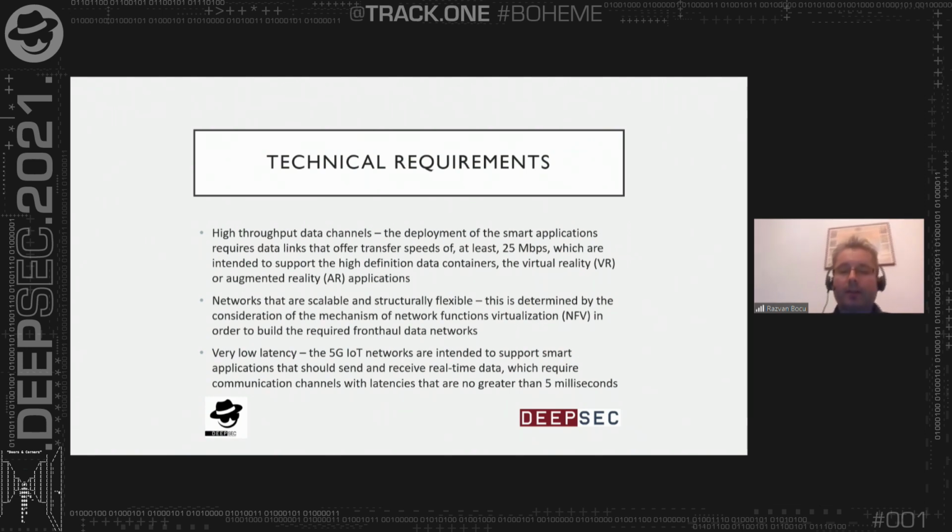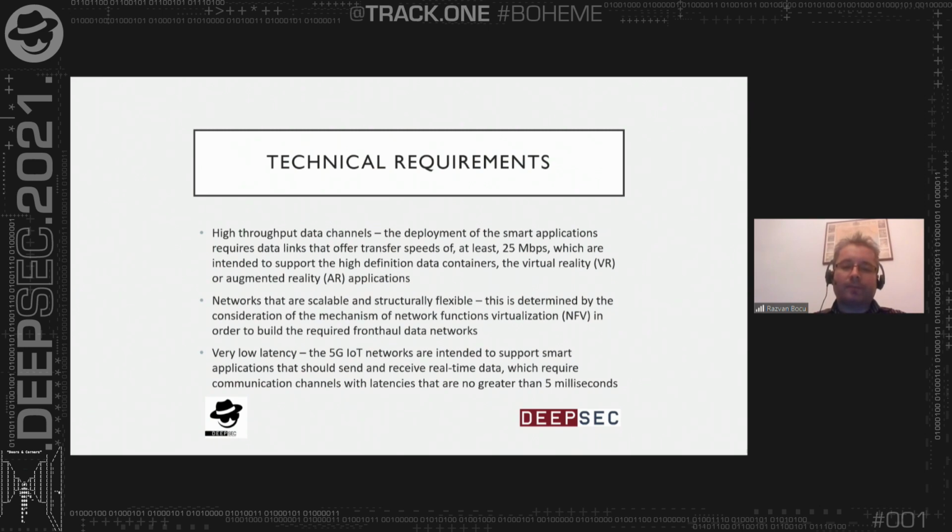We had the requirement to ensure that the designed network is scalable and structurally flexible. And this, especially this latter requirement, was affected by the consideration of network functions virtualization.